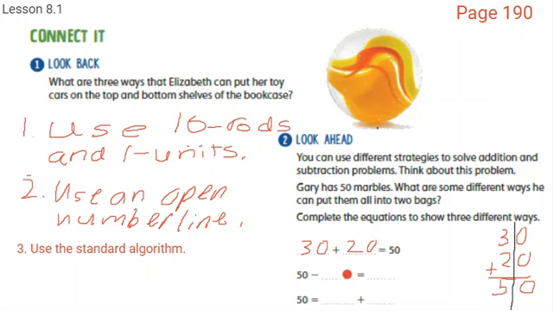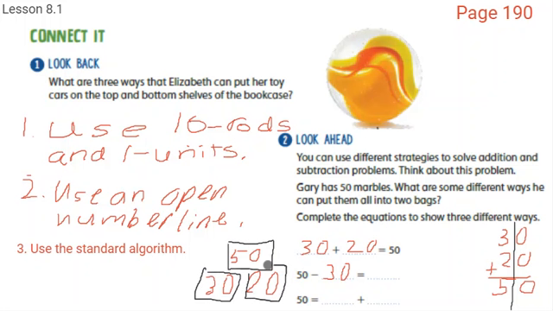Now, let's take a look at this. So 50 minus something, so say 30. And if you remember, we were doing our number bonds and such, so we had 50 at the top, and then 30 and 20. Remember those number bonds where we have our whole at the top and parts.